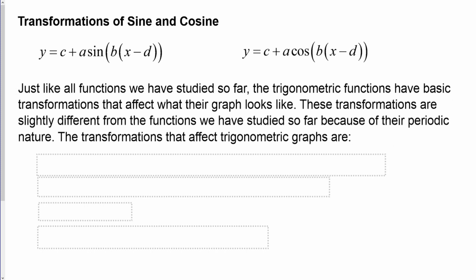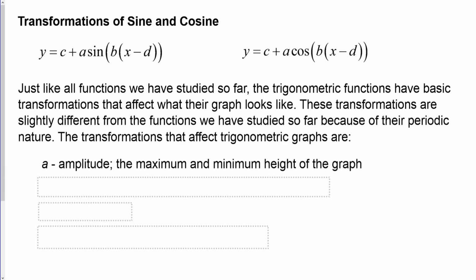Just like all functions we have studied so far, the trigonometric functions have basic transformations that affect what their graphs look like. These transformations are slightly different from the functions we've studied so far because of their periodic nature. The transformations that affect the trigonometric graphs are the value a, which is the amplitude, so the number multiplying sine or cosine.